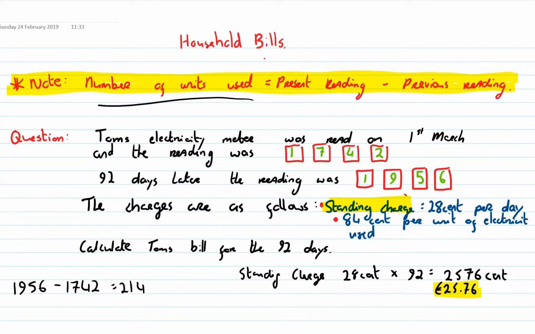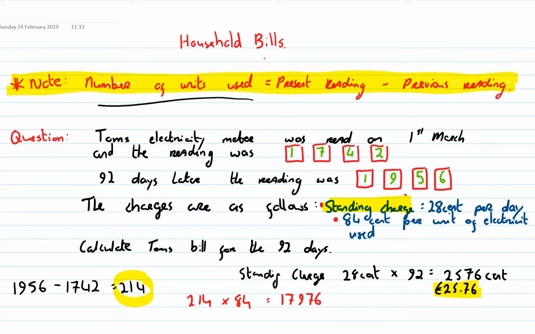And then we will get his amount of electricity used. So he used 214 units, and it's charged at 84 cents. So multiply by 84. So 214 multiplied by 84 equals 17,976. Okay, now, but that's cent. If you were tempted to think it was euros, just have a think.